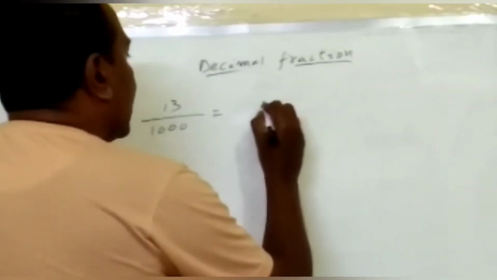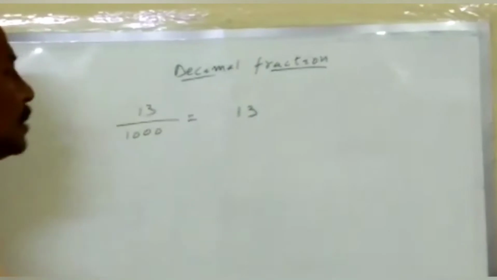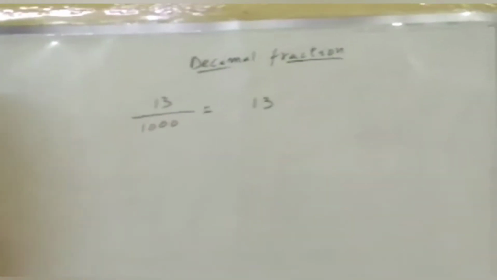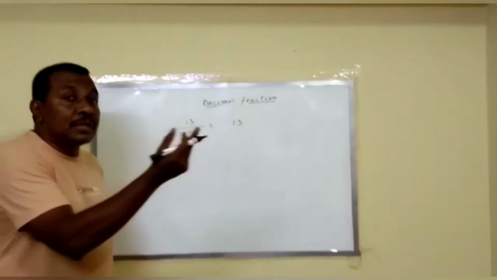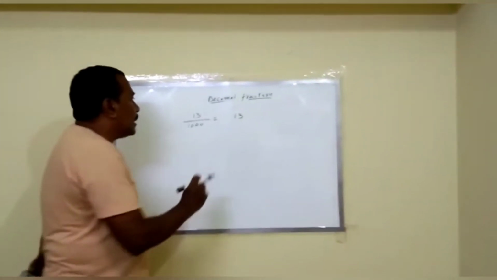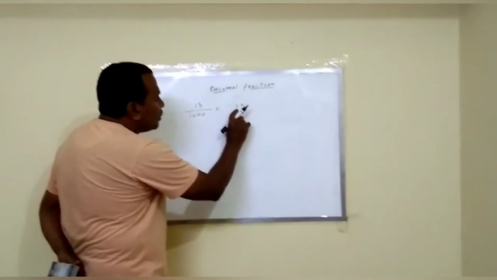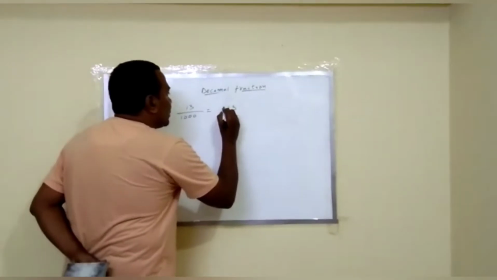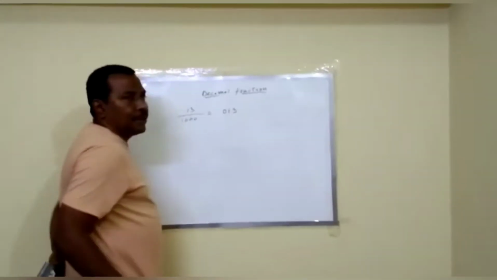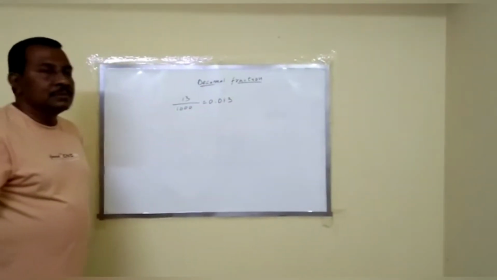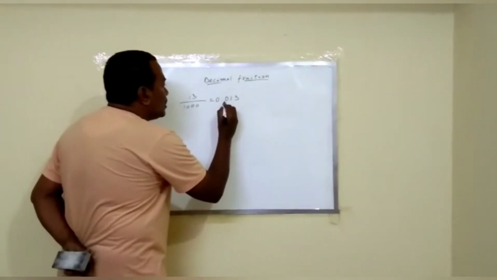As usual, you write 13. But the denominator has 3 zeros, so we have to count 3 digits towards the left. Here there are only 2 digits, so we need one more digit. Keep a 0 and a decimal point, and after the decimal point, keep the 13. So that becomes 0.013.